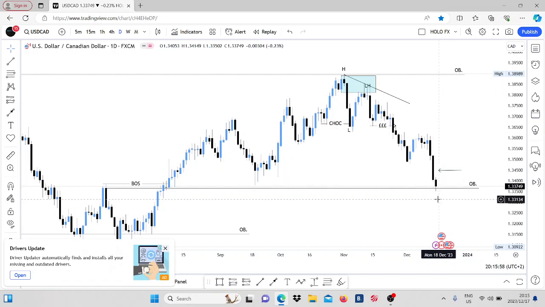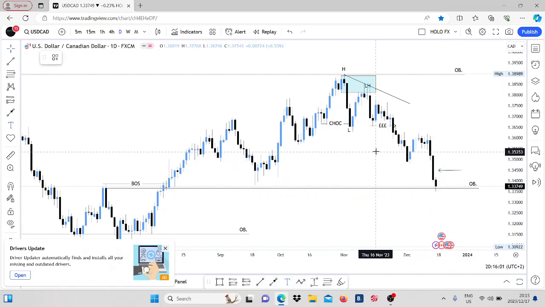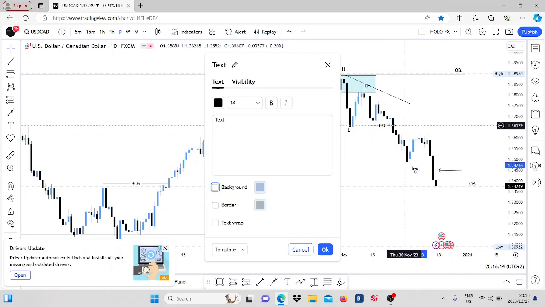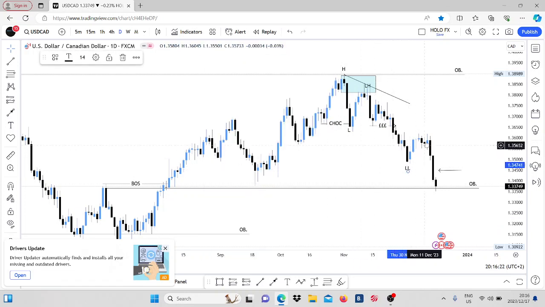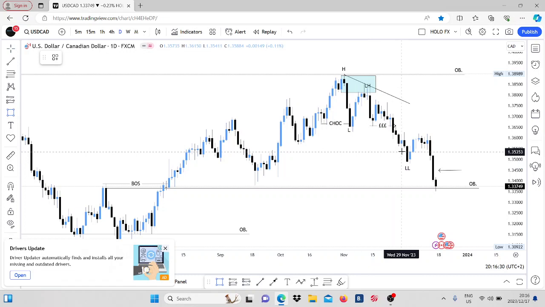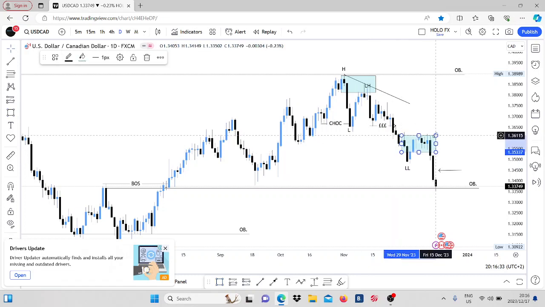We're still bearish, though. From high to low to lower high to lower low, and we had to pull back to this area.